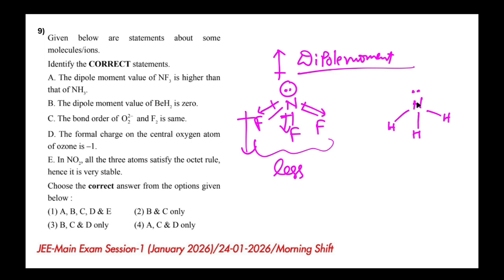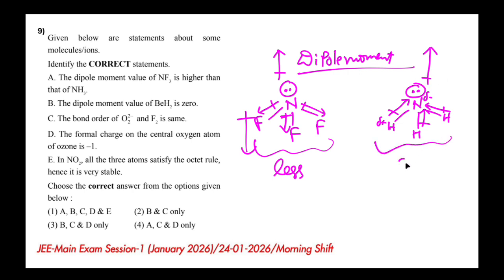But in the NH3 molecule, nitrogen is more electronegative than hydrogen. That's why the N-H bond moment will move towards the nitrogen side. This bond moment also moves towards nitrogen, and this N-H bond also moves towards nitrogen, and the lone pair on the nitrogen also moves in the upward direction. So the lone pair moment and bond moments are in the same direction, and the resultant dipole moment increases.